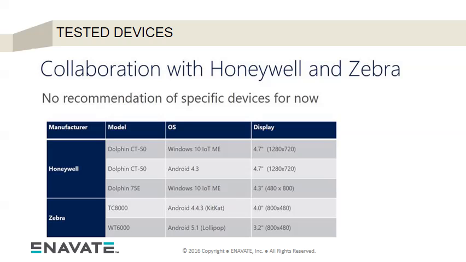They don't have any specific recommendations right now, but they have a list of devices that they used for testing and that they asked other end users to test on.